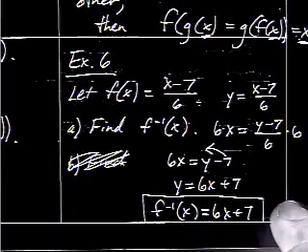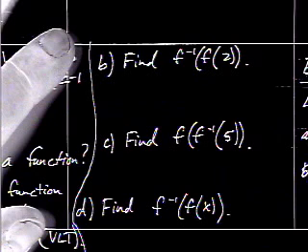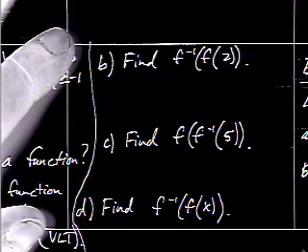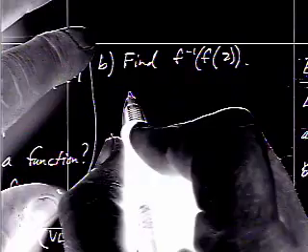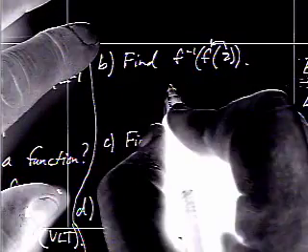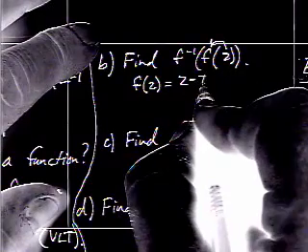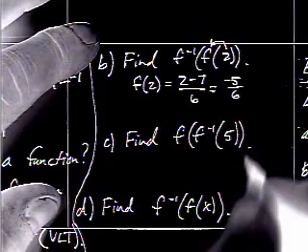Now, I want to use these two equations to answer some questions. Okay? F inverse of f of 2. So f inverse, okay, let's start with this. 2 gets plugged into the f function, right? We know how to do that. F of 2 is equal to 2 minus 7 over 6, which would be negative 5 over 6.